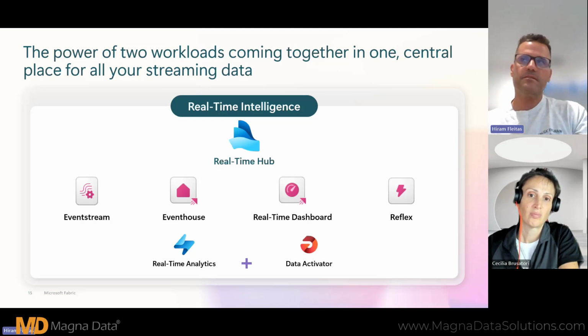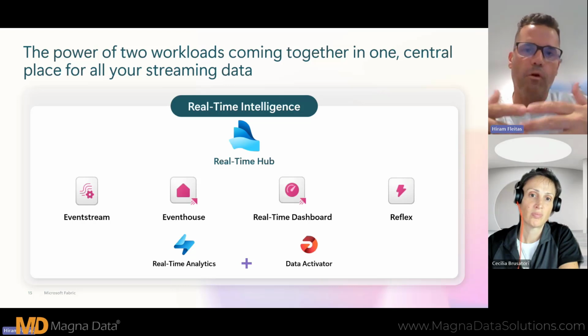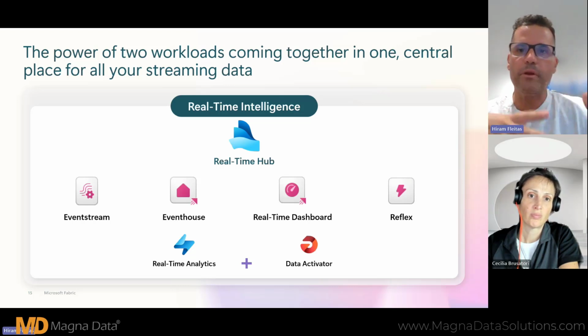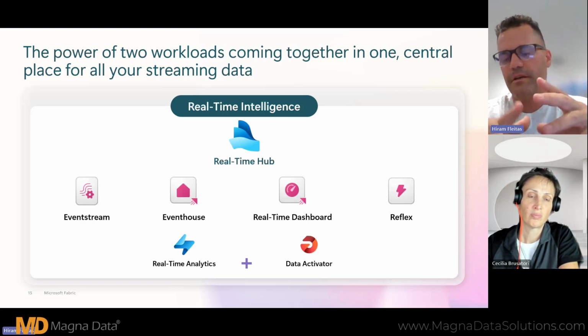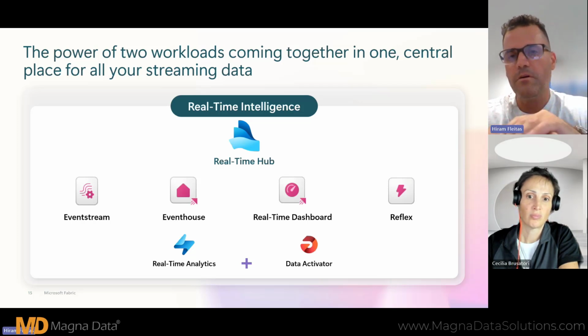And these actions can be performed over pre-built ML models like anomaly detection, things of that nature, where you can create a simple action such as send me a Teams message or send me an email, or you could do more custom actions by tying it together with Logic Apps or Power Automate.